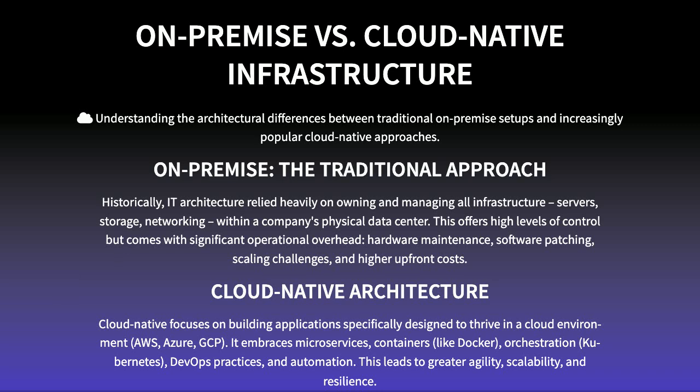Now, cloud-native architecture is changing the game. It's about designing applications specifically to work well in the cloud. Think smaller, independent pieces called microservices, packaged up in containers and managed by powerful orchestration tools like Kubernetes. This approach makes scaling much easier, often shifting costs from large upfront investments like buying servers to ongoing operational expenses.